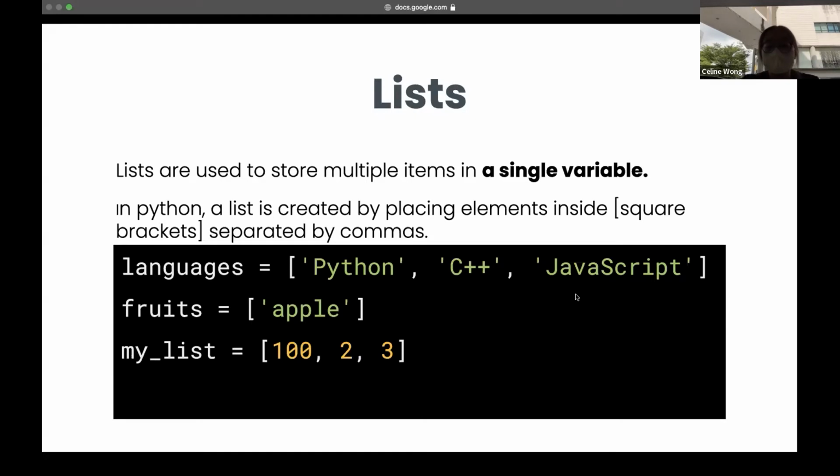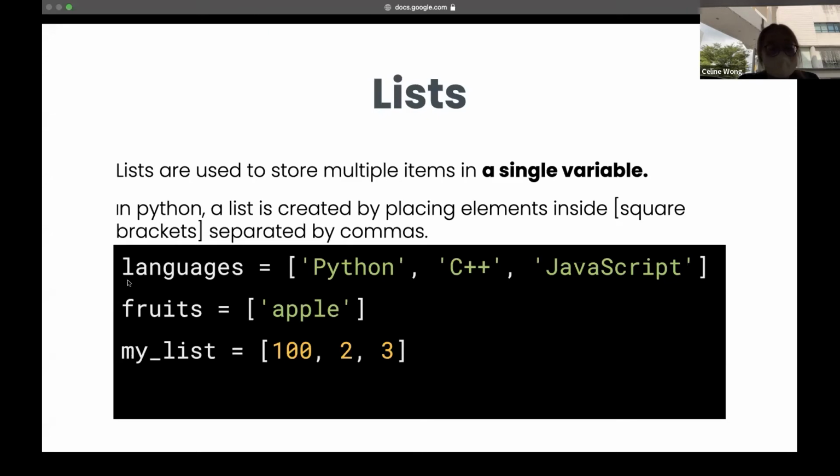You can just use the square bracket operator and type out the elements you want to place inside the list inside the square brackets. Take note, you have to use commas to separate each element. For example, on the screen here, we have the languages list with 3 elements of the data type string: Python, C++, and JavaScript.